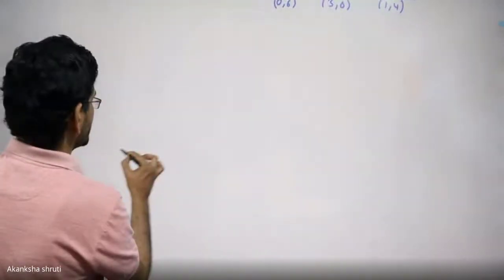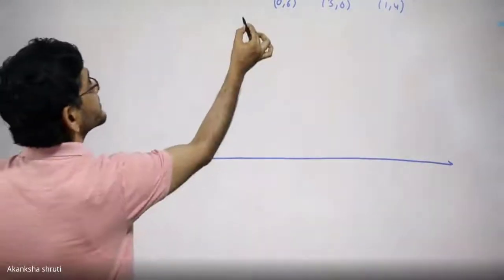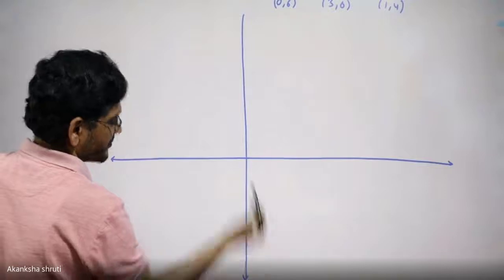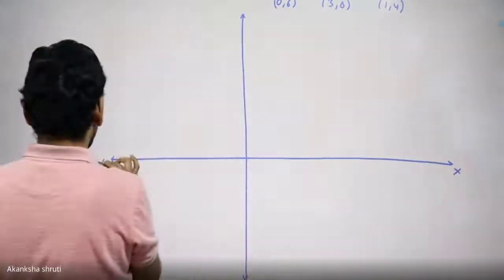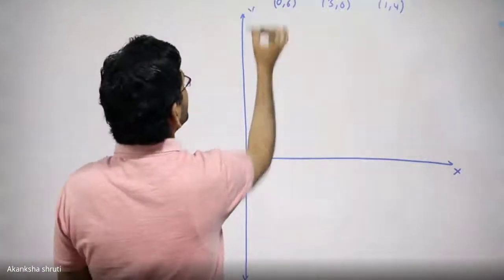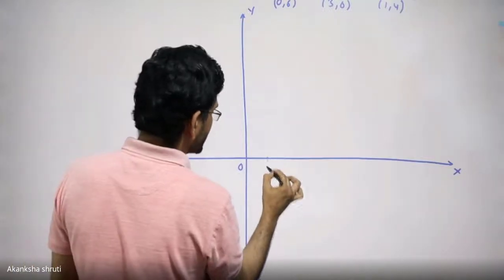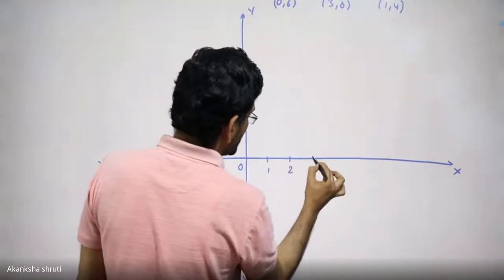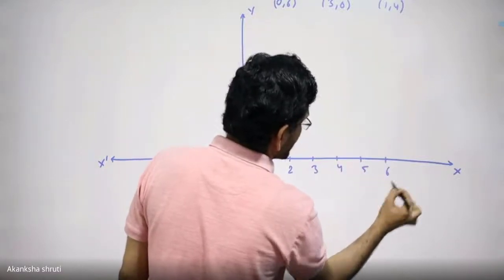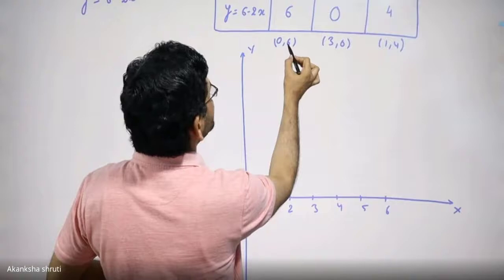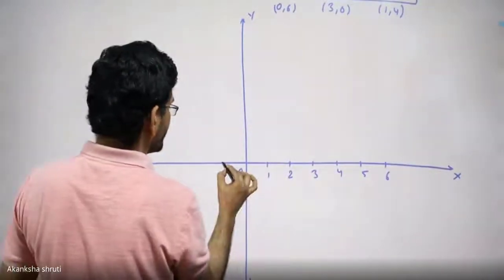Now we are going to take our rectangular coordinate system. Students, consider this as x, x dash, y, y dash, this as 0, mark it as 1, 2, 3, 4, 5, 6. Student, here we are getting y going maximum 6, x is going to 3 only, so it is enough.